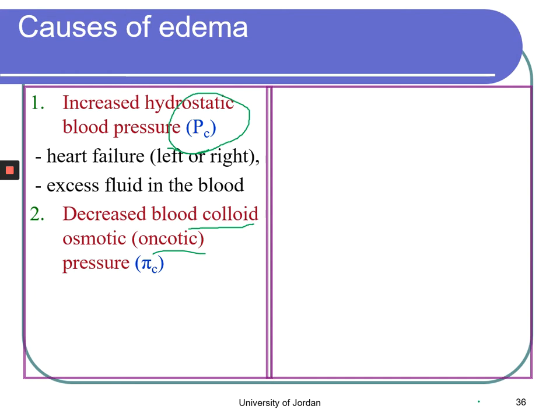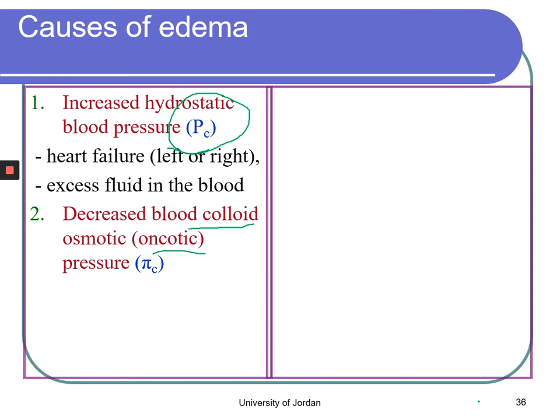The major cause for decreasing the colloid osmotic pressure is decrease in albumin concentration, hypoalbuminemia. You know, albumin is produced in the liver and it might be excreted in the kidney. So the amount of albumin present in the plasma is a balance between what is formed from the liver and what is excreted from the kidney.